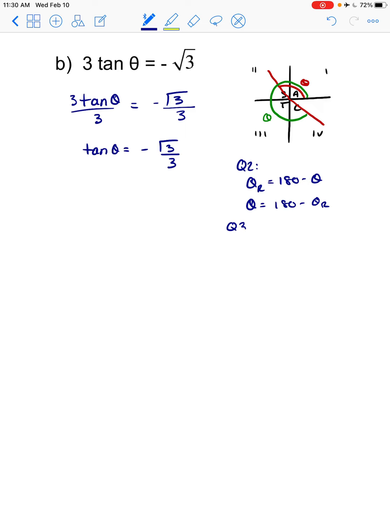In quadrant 4, we know that a reference angle would be equal to 360 degrees minus theta. So theta would be equal to 360 degrees minus the reference angle.